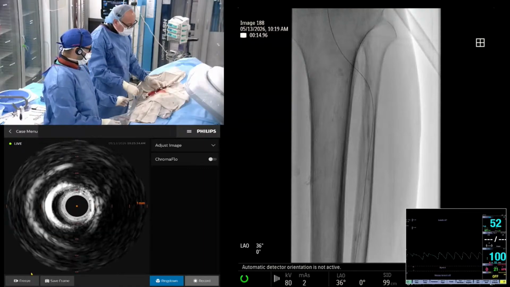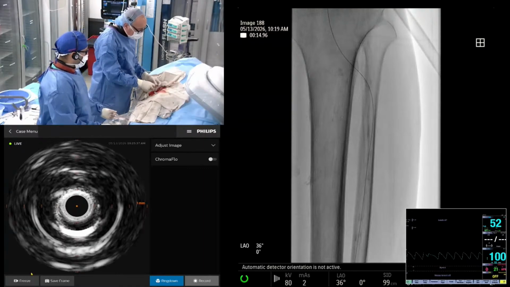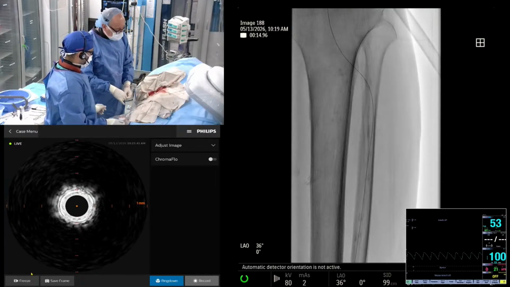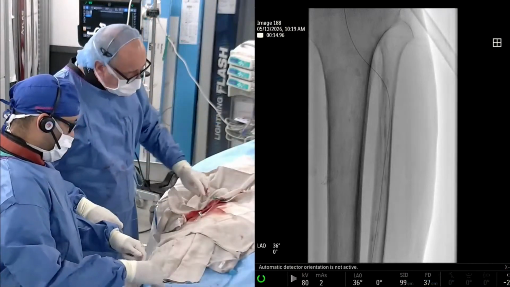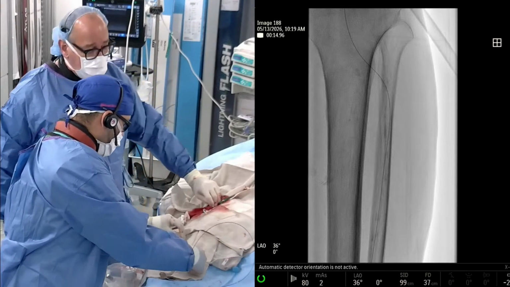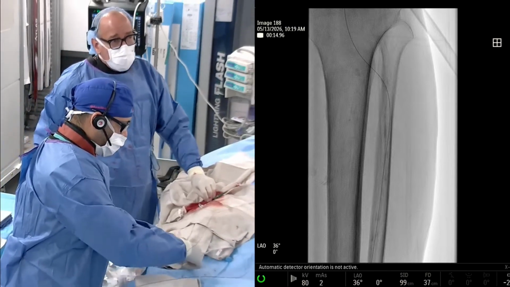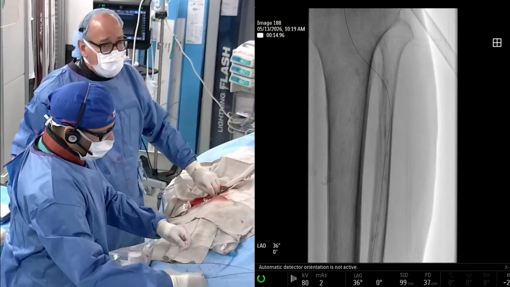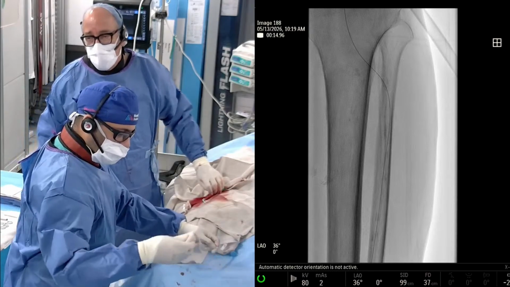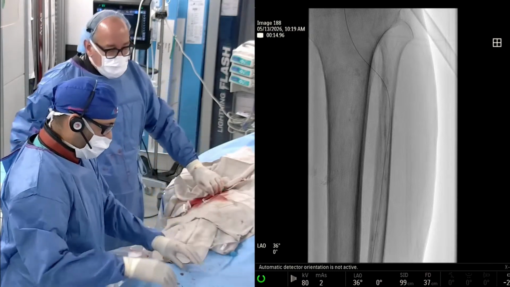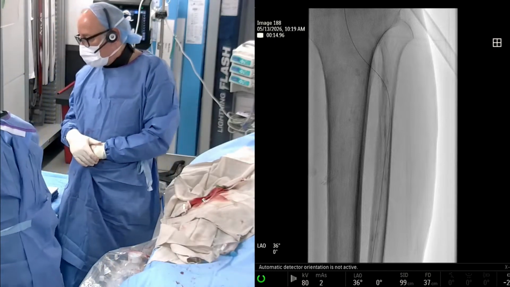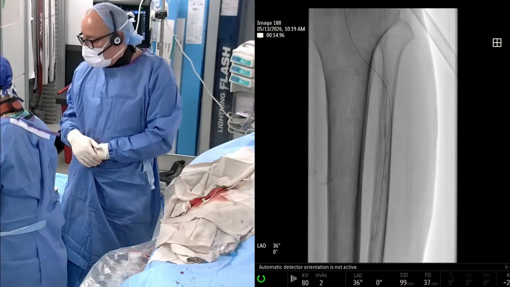All right. So I'm going to take this out. And at least first, I'm going to ask for a 3.0 by 220 balloon. And again, based on these sizes, I think we might even be able to use a new IVL platform for the proximal portion of the AT. But I do want to get a little bit of luminal gain before we do that. Do we have a 3.0 220 or a 3.0 150? Yeah, I tend to often vessel prep for the lithoplasty because sometimes it's hard to track depending on the taper.